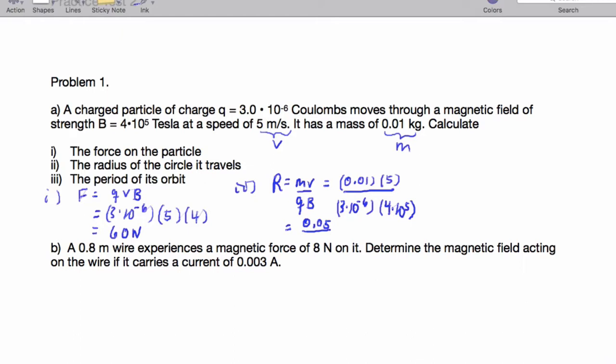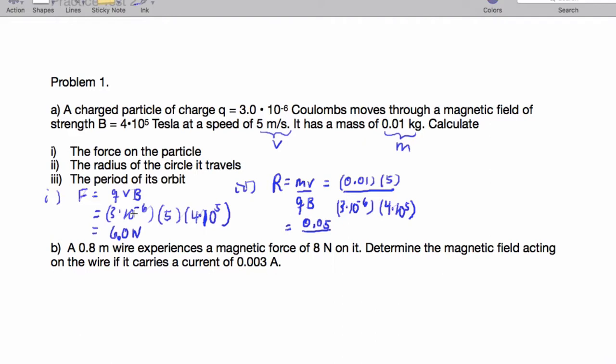Oh, and here, this should say 4 times 10 to the 5th. There. So, when I'm actually checking these formulas, we'll get 3 times 10 to the negative 6th times 5 times 4 to the 5th. Sorry, so this is actually 6 newtons, 6.0 newtons.